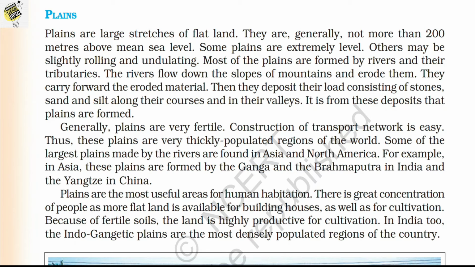These rivers flow down the slopes of the mountains and erode them, and they carry forward the eroded materials, and then deposit their load of stones and sand, silting along the courses and in the valleys, and this also forms a deposit, that is, the plains are formed. Okay, so the plains are formed due to the erosion of the rivers, and that means eroded particles are deposited in another area which together form a plain which does not exceed 200 meters.